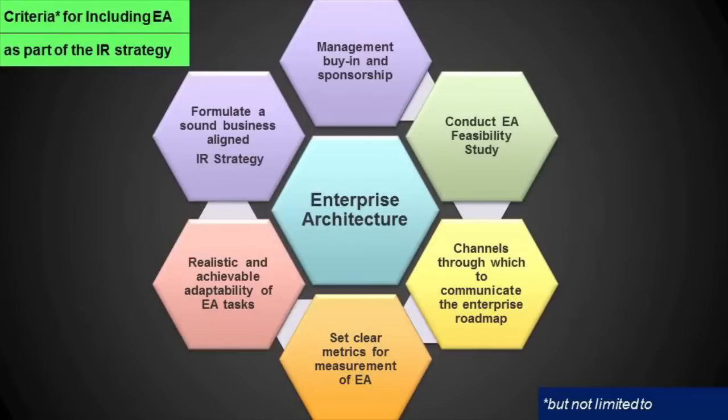It would be best to conduct an EA feasibility study to ensure your readiness, establish channels through which to communicate the enterprise roadmap. Definitely you want to set clear metrics for the measurement of the EA progress, realistic and achievable adaptability of EA tasks, and you also want to ensure that you formulate a sound business aligned IR strategy.